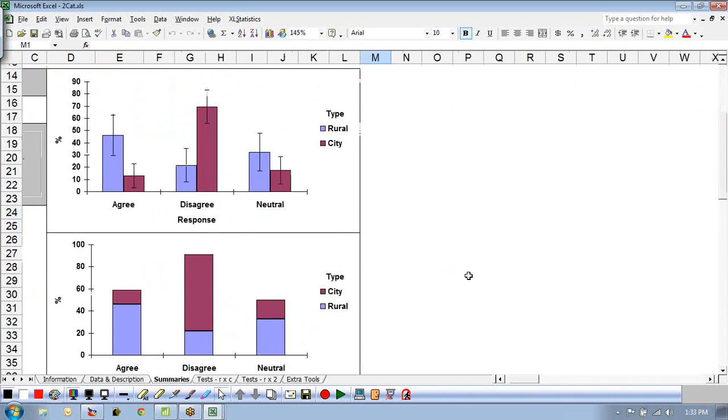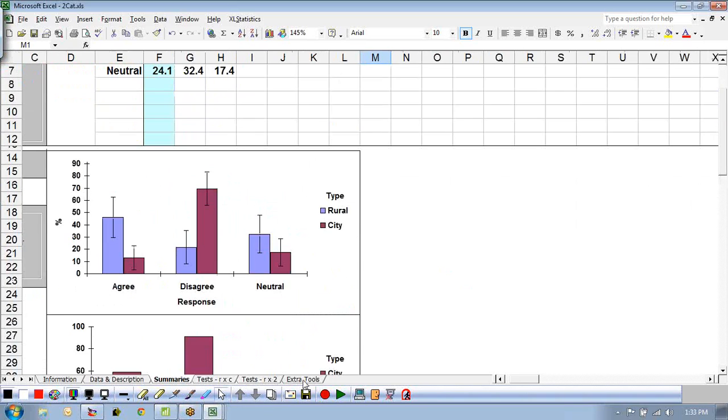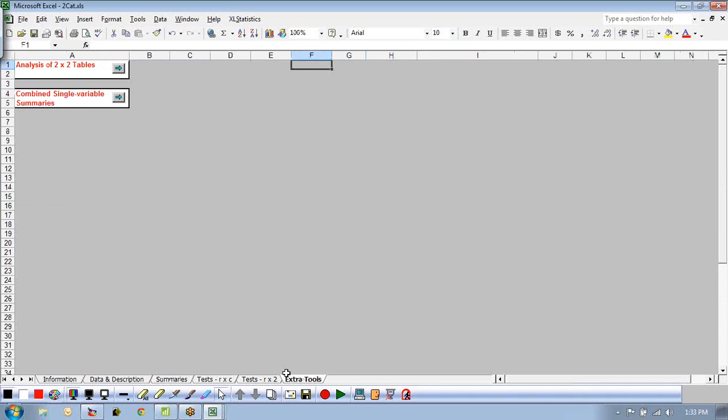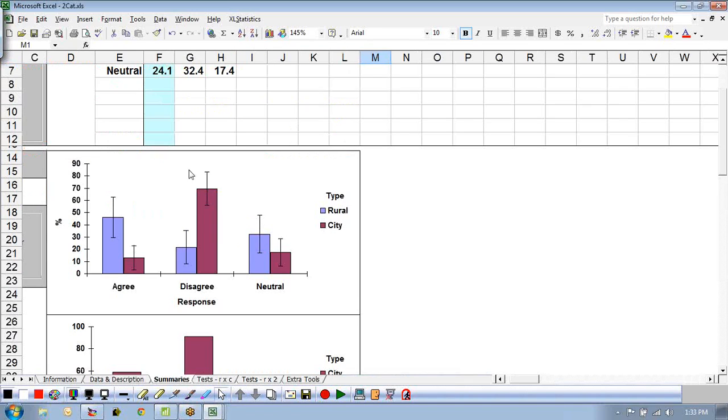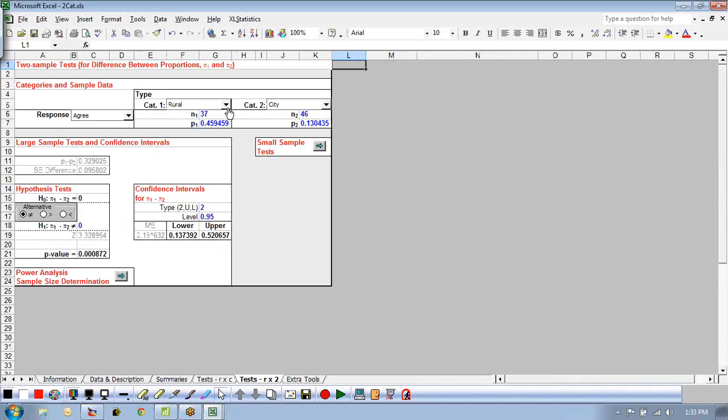I'm going to back it up by doing the individual tests, but you can see, this is a nice picture that tells you right away what's significant and what's not. To a high degree, that's true. All right, first of all, we're comparing rural and city for agree. There it is right there. Certainly, those are different.